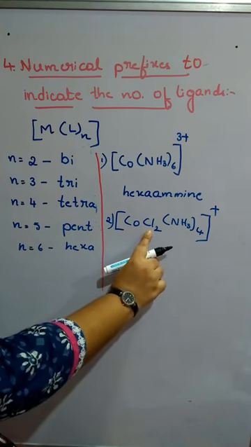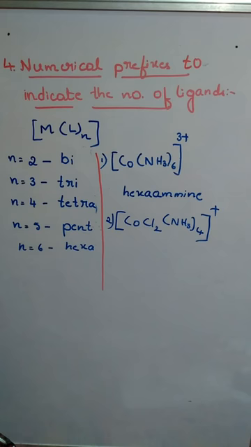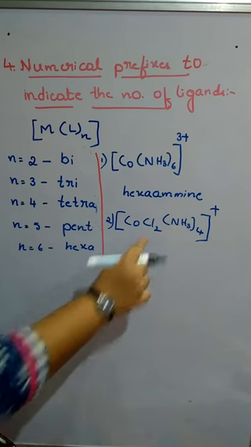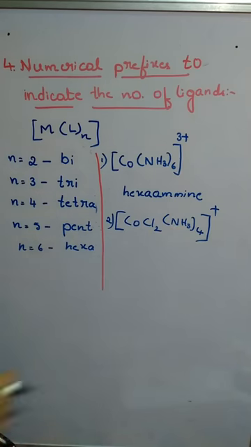We have Cl and we have NH3. The name of the NH3 ligand is amine. Cl is chlorido. So amine comes first according to the alphabetical order, as we have already discussed in our previous points. Amine comes first and then chlorido.